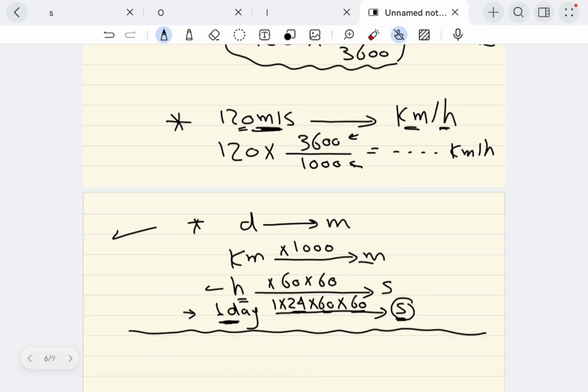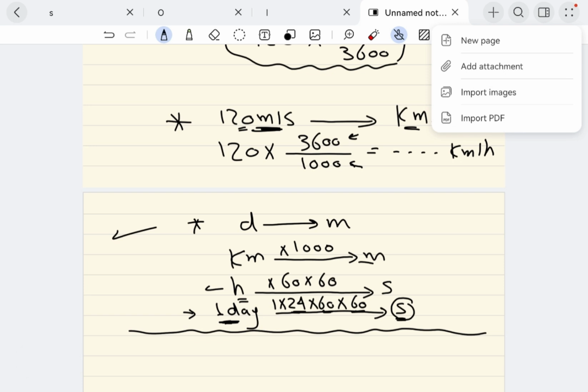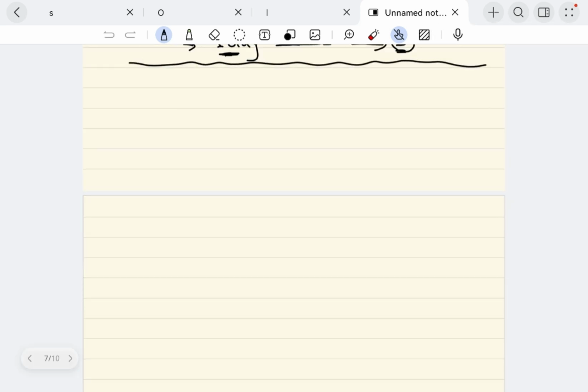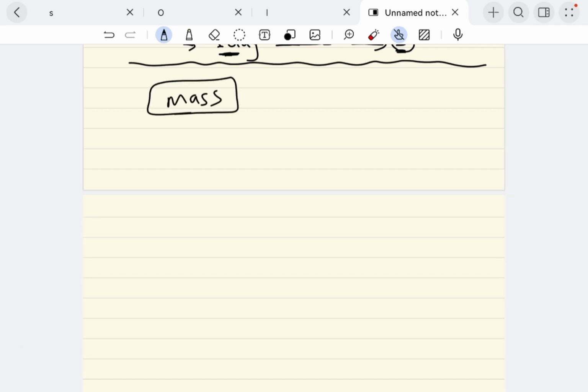Also, we can talk about mass. What is the unit for mass? We said it's kilogram. So mass is measured in kilograms.